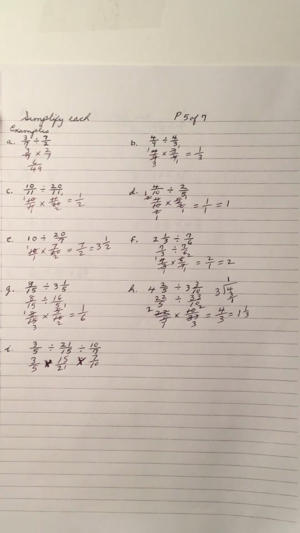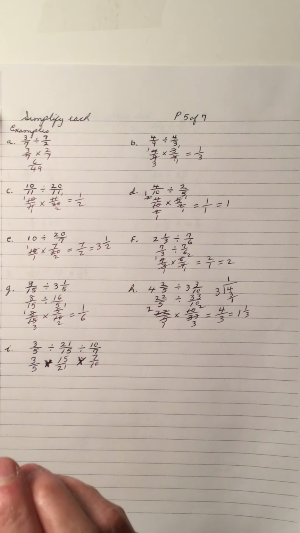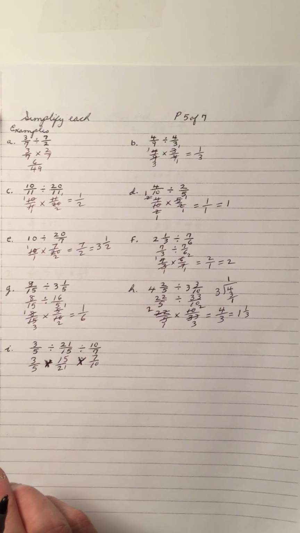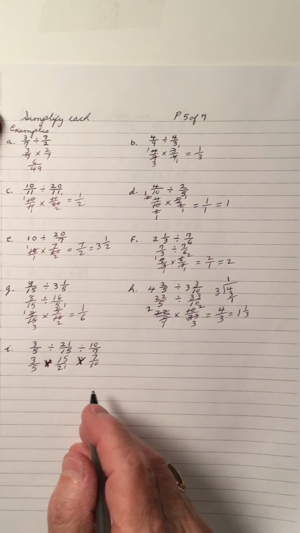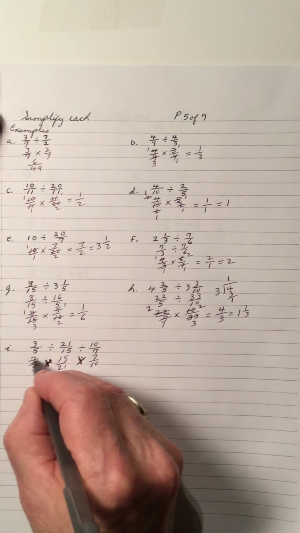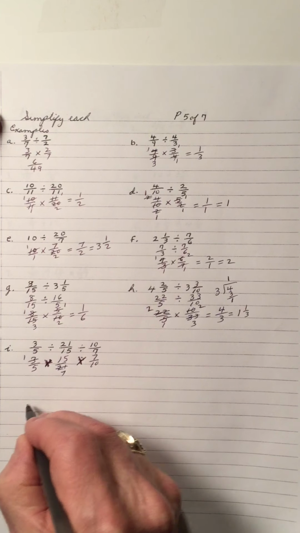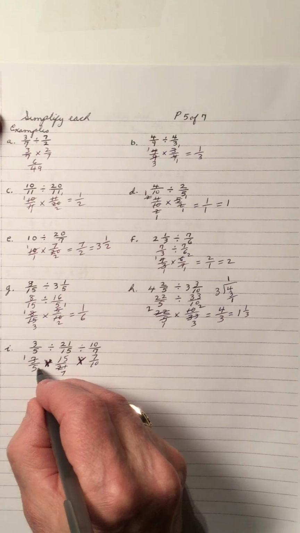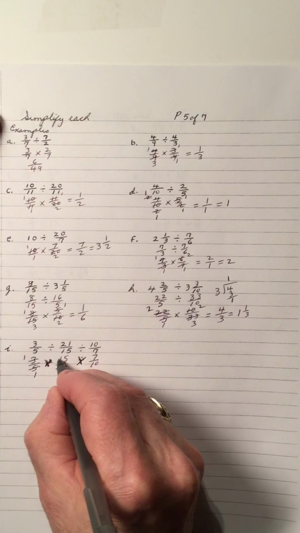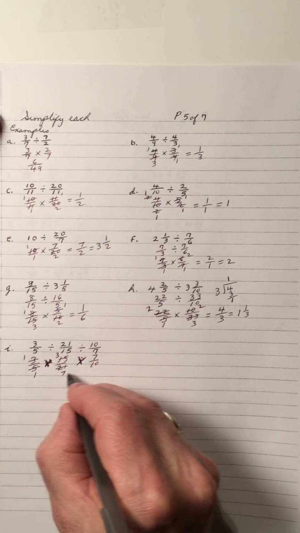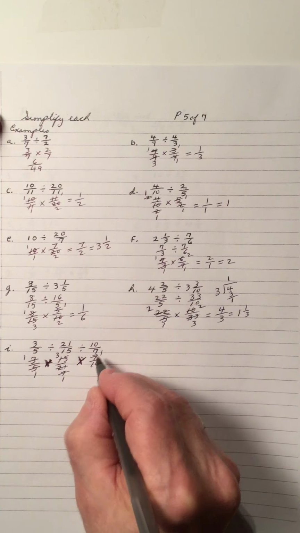In multiplication, I can cancel anywhere from top to bottom. Remember, you cannot cancel in addition or subtraction or division. Division becomes a multiplication, so you can cancel. 3 cancels. 1, 7. And I see a 5 once. 15 is 3. 7 goes into 7 once and 1.